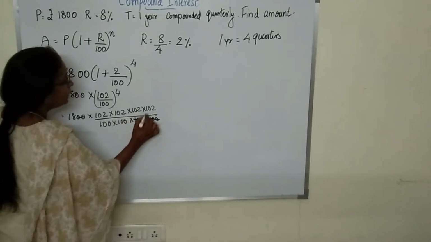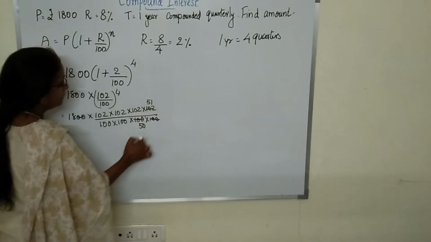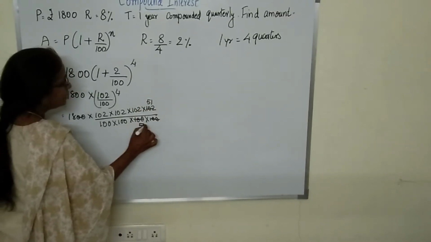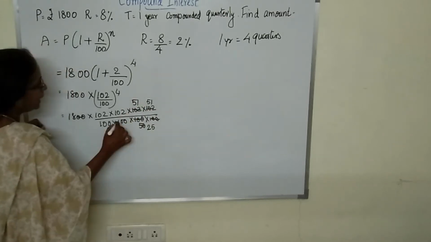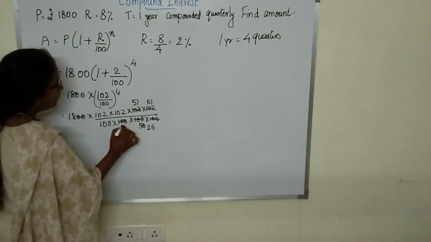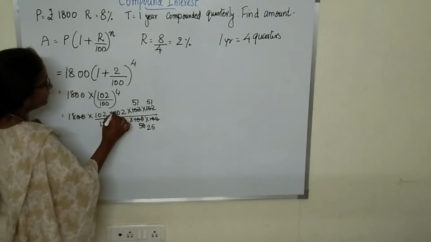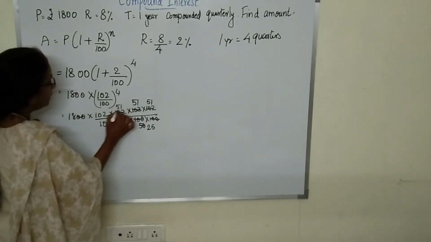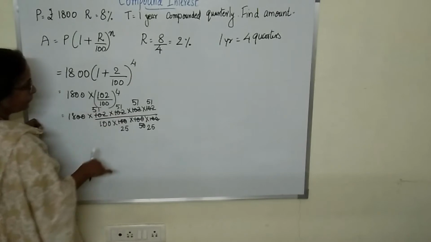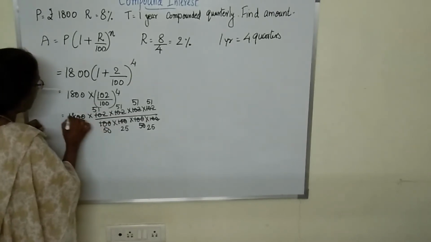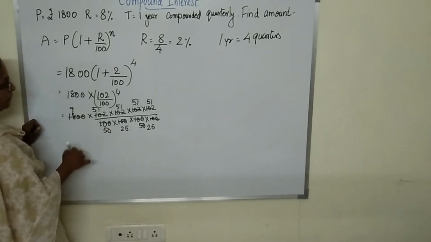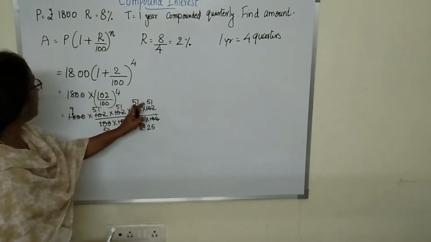This will become 50, 51 and this 25, 51. Again here 25, 51, 51. Again if you want to do, 9. Now see, you have to multiply all this.